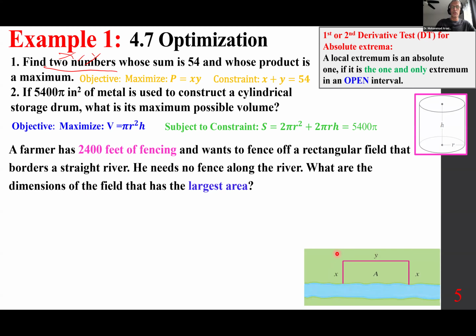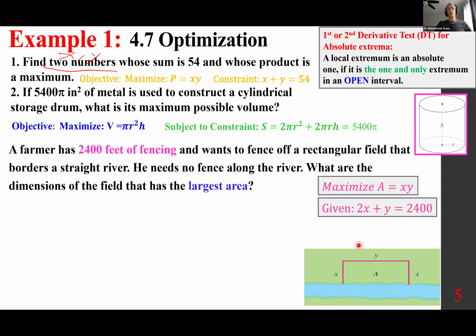X represents the width, Y represents the length, A represents the area. You want to maximize the area, which is X times Y, subject to 2,400 feet of fencing. The perimeter is normally 2x plus 2y, but this side doesn't need it, so 2x plus y must be 2,400.